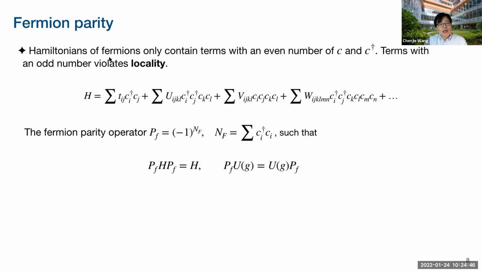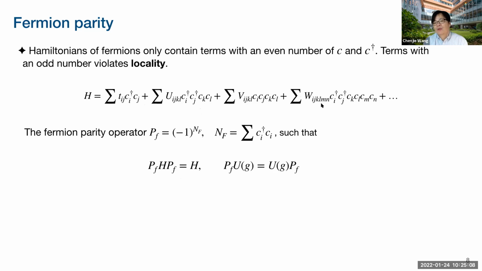When we write down the Hamiltonian of fermion systems, we always write down, say, a hopping term, T_ij c_i dagger c_j, right? Or maybe some two-fermion interaction involving four creation and annihilation operators, or more generally, abstractly, we have four creation and four annihilation operators. These terms are more artificial, not physically relevant.